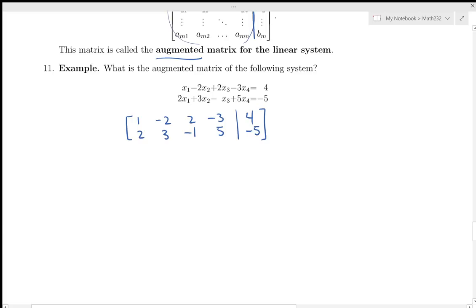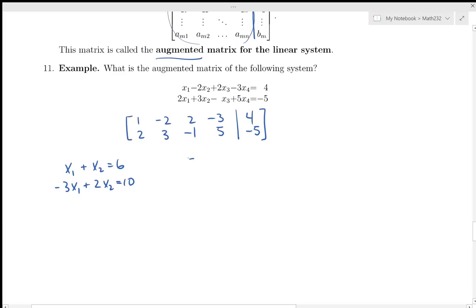Let's do another example. x1 plus x2 equals 6. Here's a system of linear equations. This one has two equations and two unknowns. Rather than write it like that, I am simply going to rewrite it with its augmented matrix.